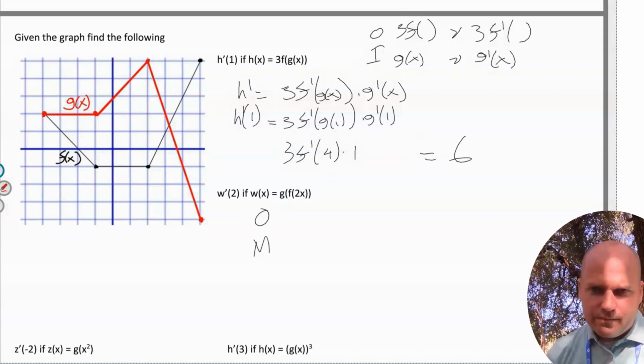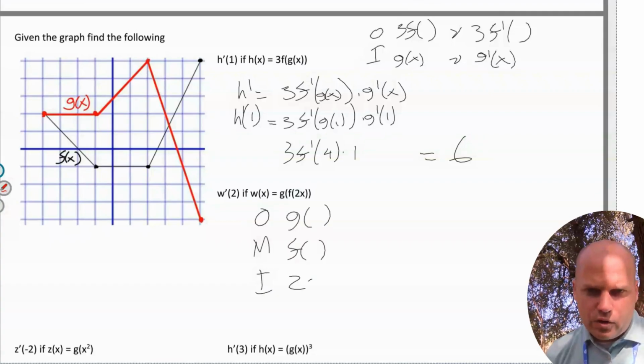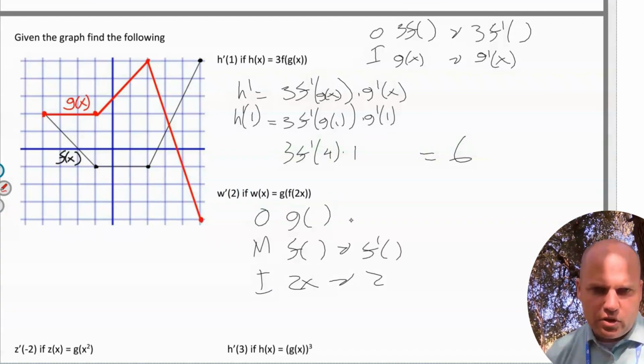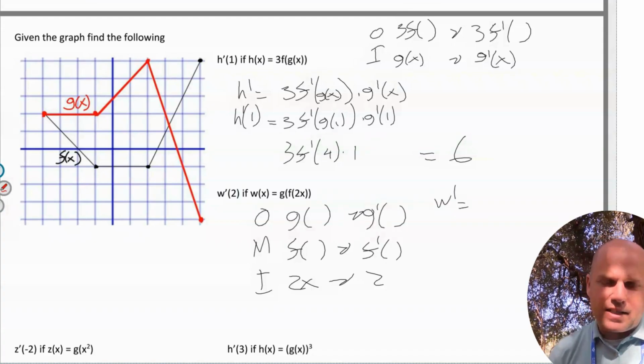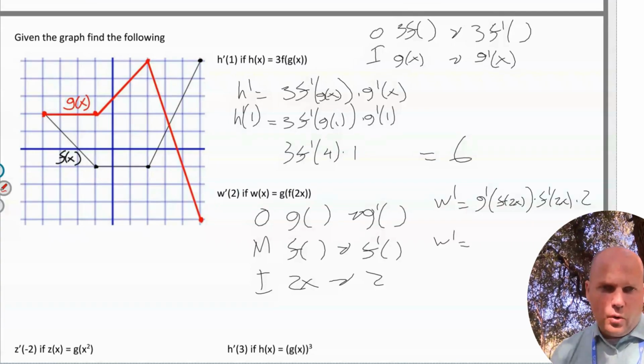Here's an OMI. G of F of 2x, because 2x's derivative is 2. F slopes, G slopes. This is important that we recognize we do need an OMI here. We got G slopes of F of 2x. We got F slopes of 2x, and then we have an extra 2. So at 2, it becomes F of 4, F prime of 4, 2.